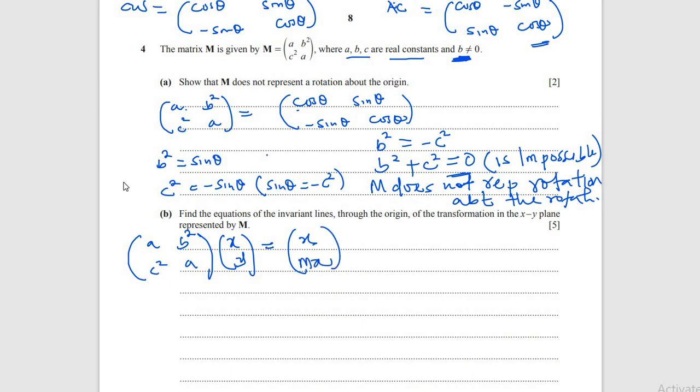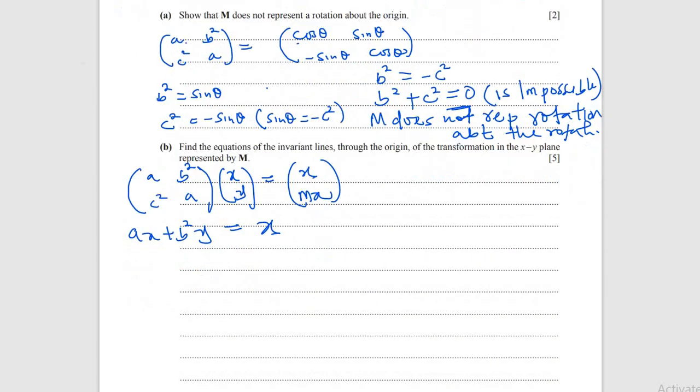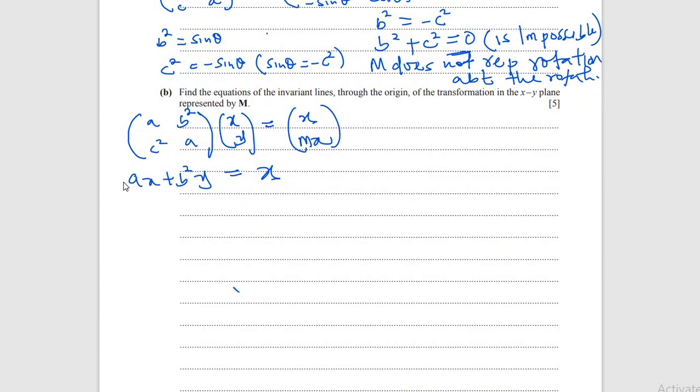This is how you solve invariance. Now multiply, using 2 by 2 multiplication. First row: ax plus b square y equal to x. This is equation 1. The other one: c square x plus ay equal to mx. This is equation 2.